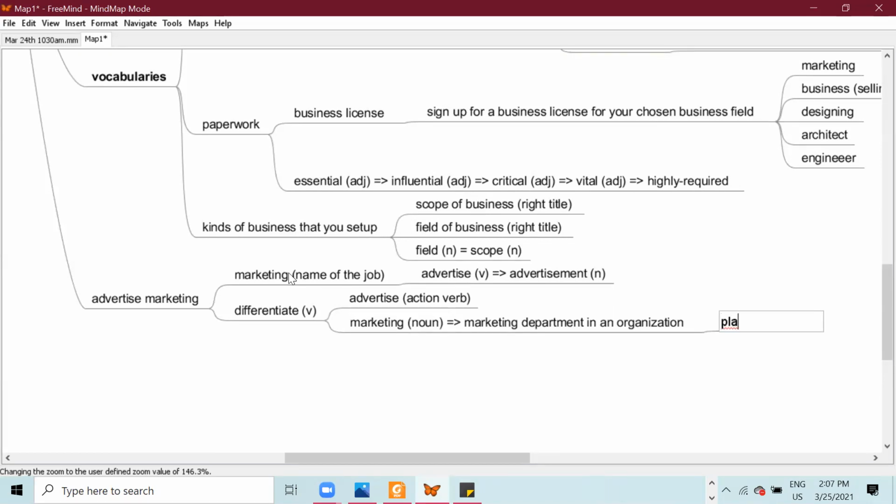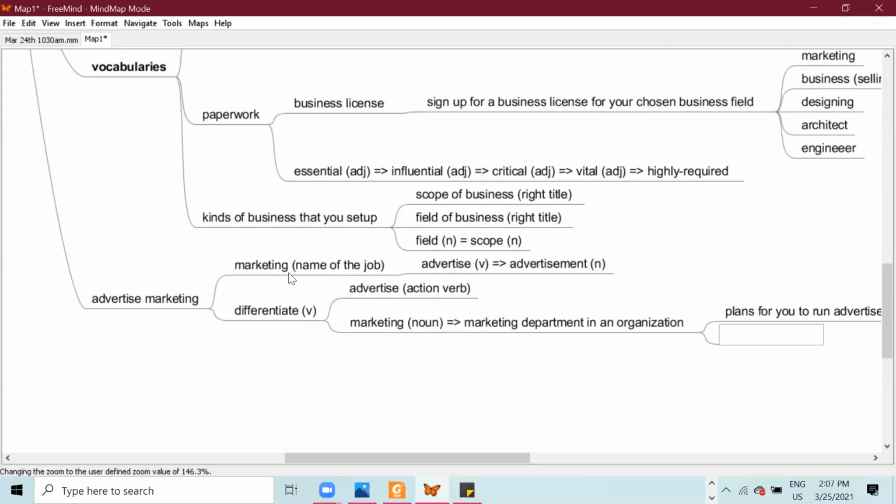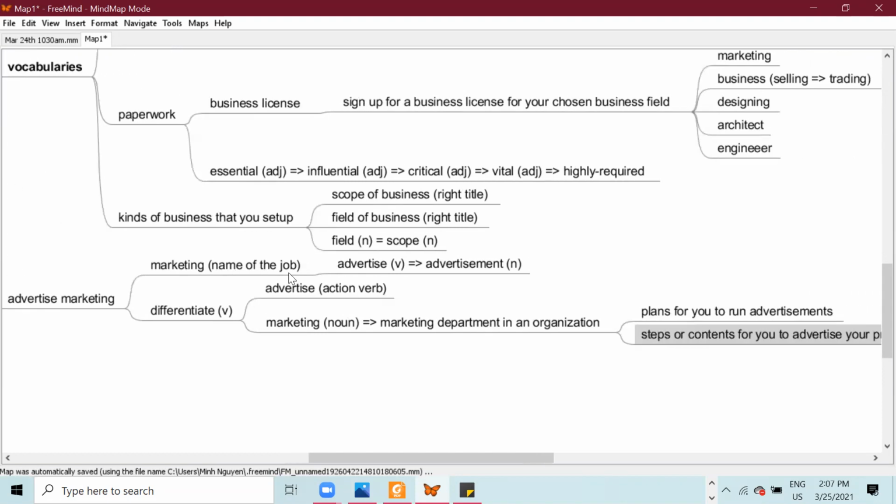Marketing is like plans for you to run advertisements, the steps or campaigns for you to run ads or to advertise your products or your service. So these are the ways.